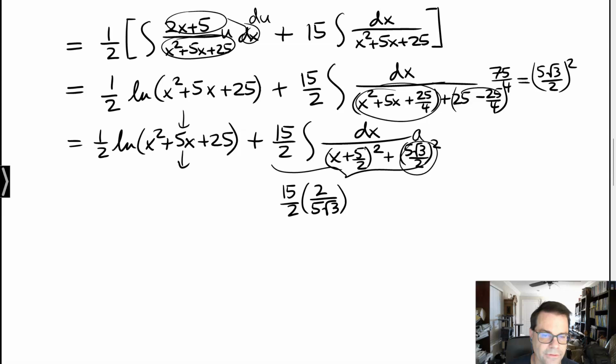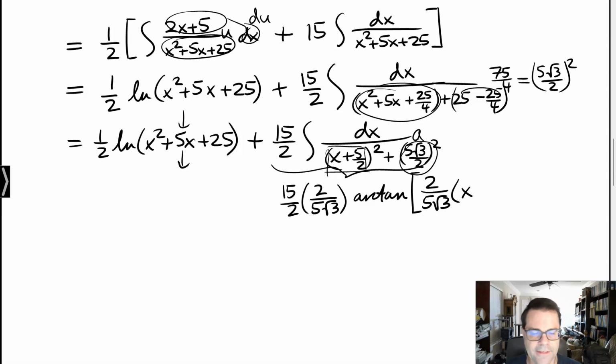And then I have to also do that inside the inverse tangent. So inverse tangent of 2 over 5√3 times, and now it's the x plus 5 halves. Again, because the linear coefficient is 1, I can just do it like normal. I don't have to worry about any funny constants.